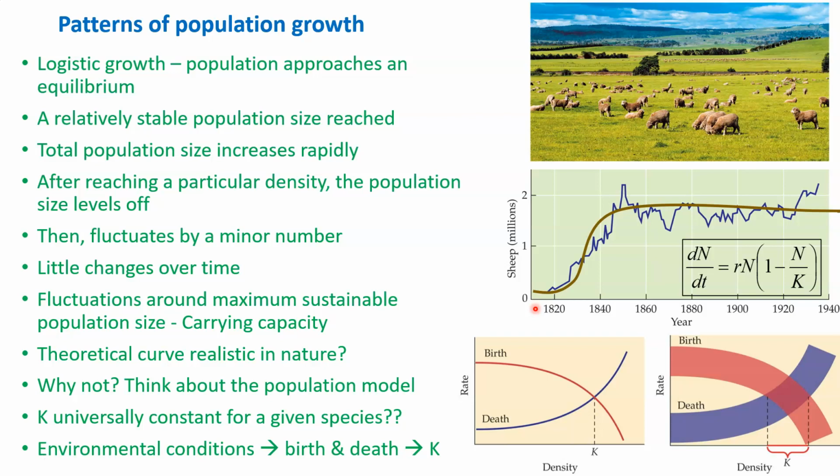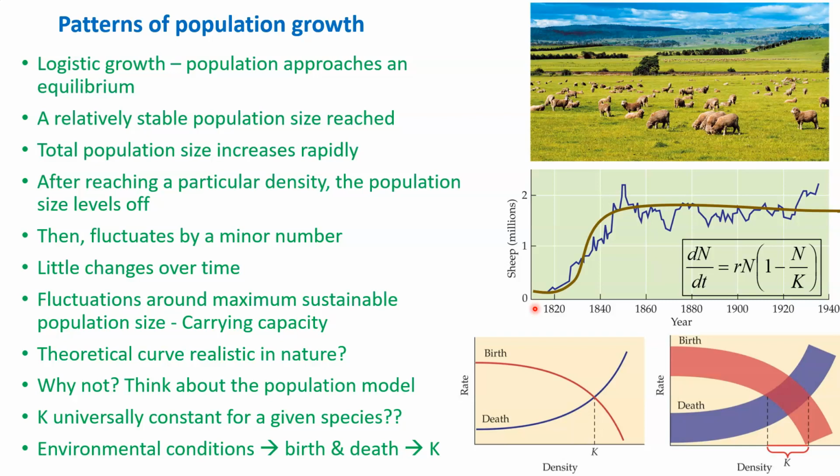So can the carrying capacity be a universal constant for a given species? Well, no, because there are several species occupying diverse types of environments across continents, right? So the environmental conditions they face are not the same. So the birth rates and death rates will again vary based on the environmental conditions, based on both density dependent and density independent factors.